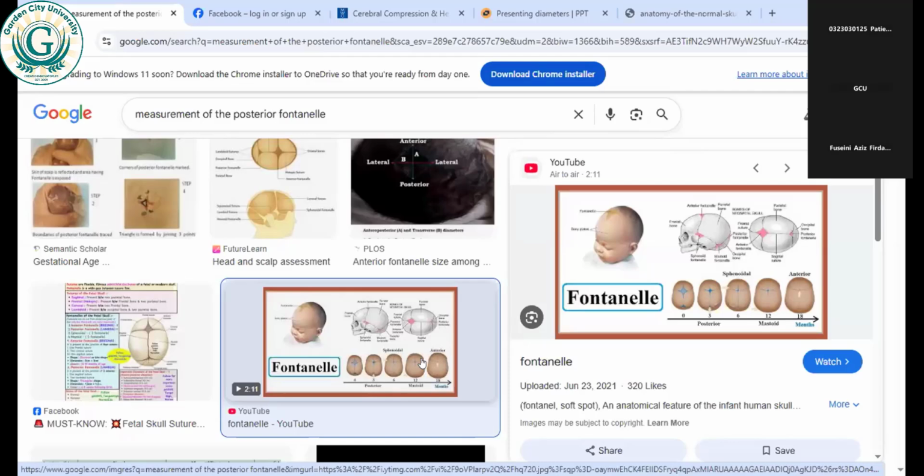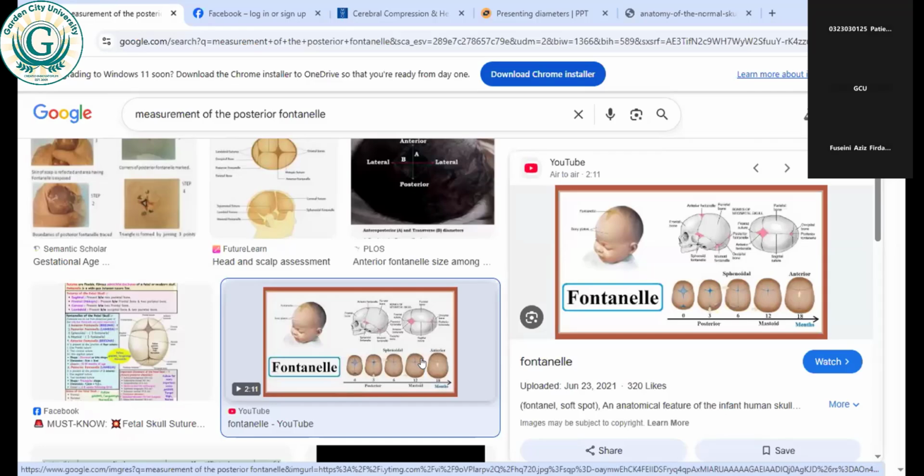Attitude is used to describe the degree of flexion or extension of the fetal head on the neck. So if the head turns 90 degrees, 45 degrees, 15 degrees, that is the attitude. With the presentation, we have the vertex, face, and brow.